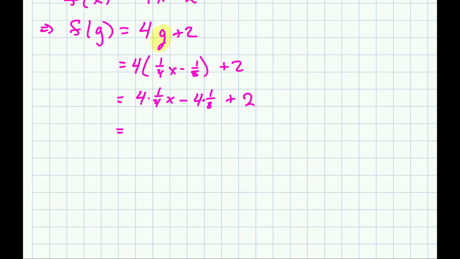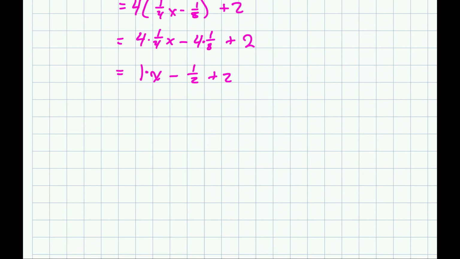Here 4 times 1/4 is 1, so this is 1x minus, okay, I already know that it's not going to work out. Minus 4 times 1/8, and 4 over 8 is a half, so this is minus 1/2 plus 2. So this is x, and minus 1/2 plus 2 is 3/2.